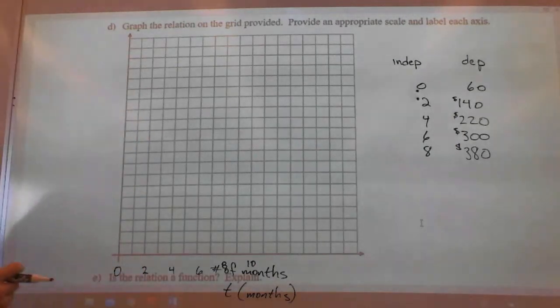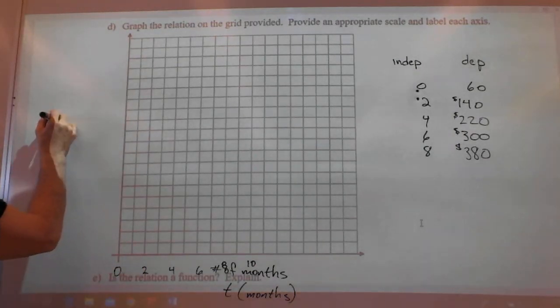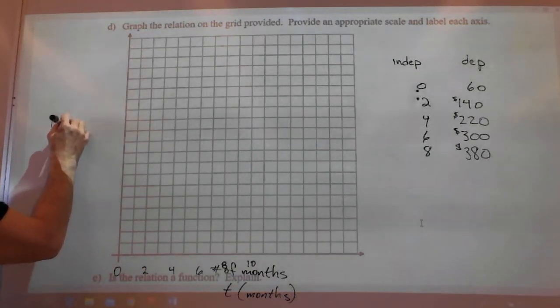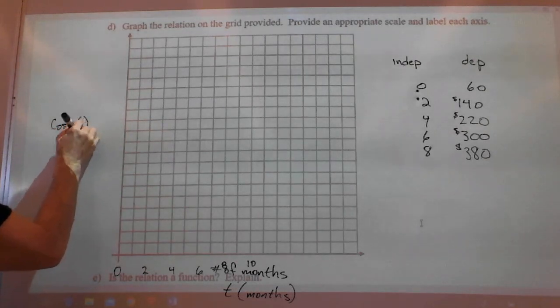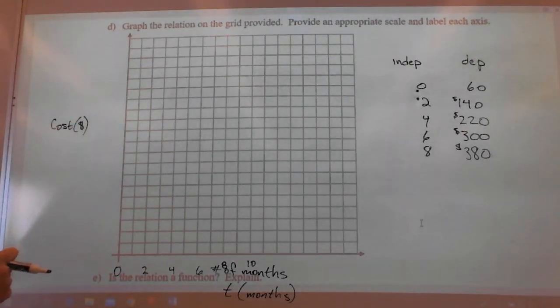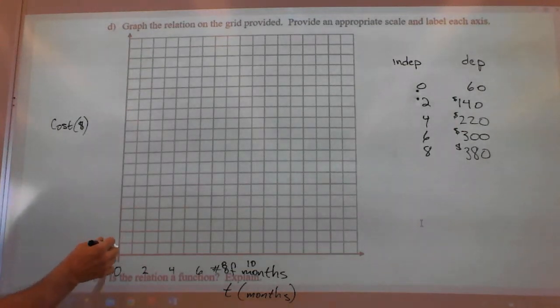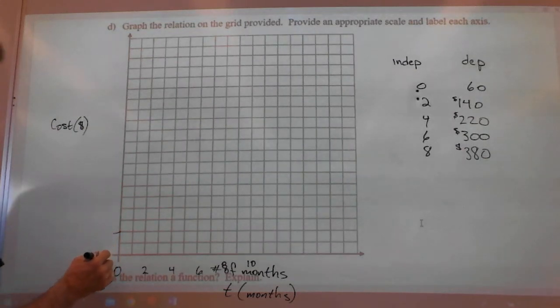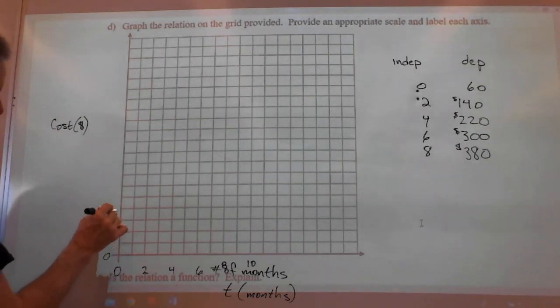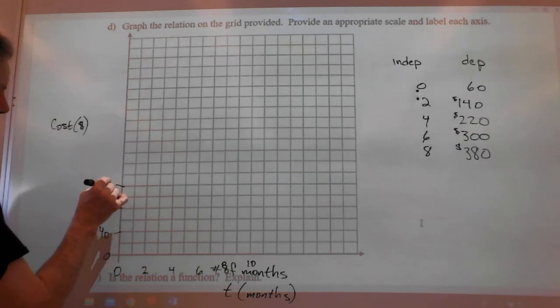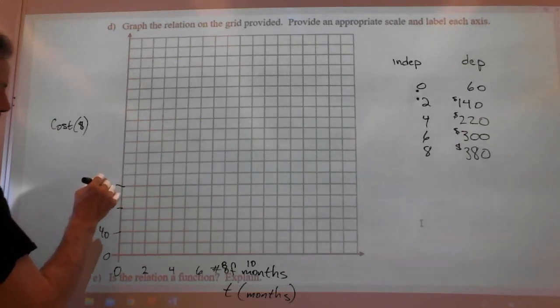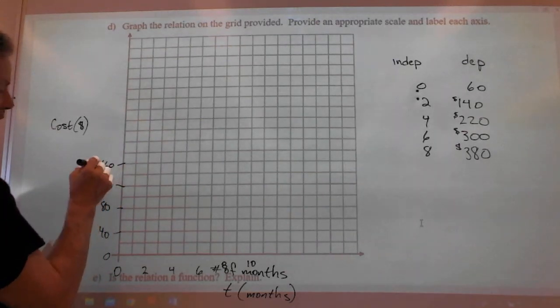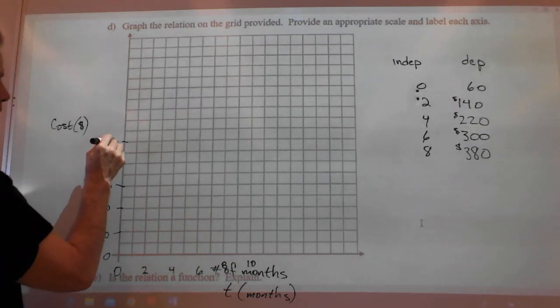And for our dependent variable, we have cost in dollars. And let's see, let's go up by 20s. So $0, $40, 80, 120. Oh, I hope I have enough. 160. No, I'm not going to.